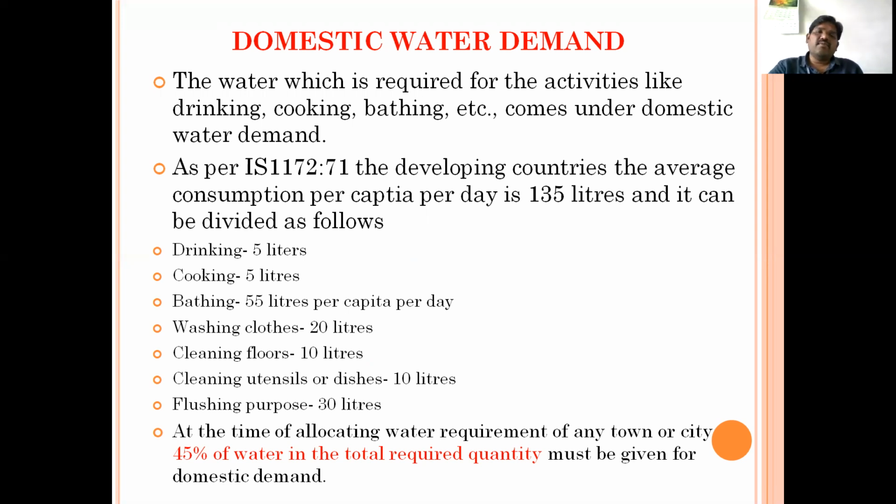Again, the 135 liters: 5 liters drinking, 5 liters cooking, bathing 55 liters, washing 20 liters, cleaning floors 10 liters, cleaning dishes 10 liters, flushing purpose 30 liters, and out of the total required quantity, 45% has to be allocated for this domestic water demand.